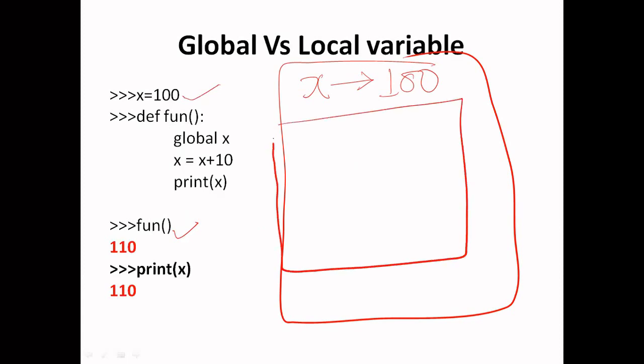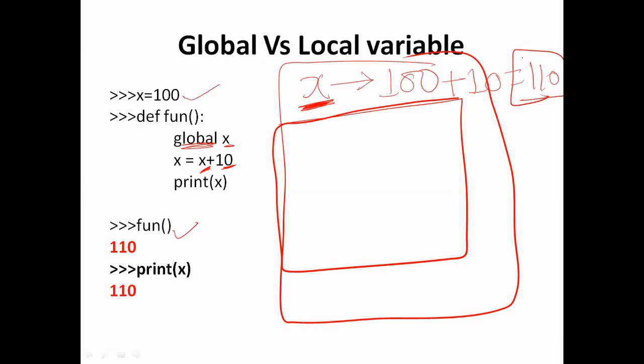Inside this local namespace we are referring to the variable x as global by the global keyword. That means inside this function you are referring to the variable x which is inside the global namespace, and you are updating this variable x by 10, so it will become 110.